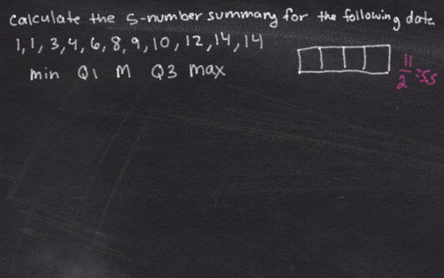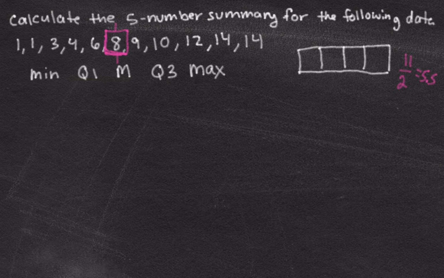So if I just count from one side, 1, 2, 3, 4, 5. 1, 2, 3, 4, 5. So this 8 here in the middle has 5 numbers on each side of it, so that is the median of the data. If I drew a line, it would be like I was cutting my data in half. Now I have 2 sections, and they each have 5 data points in them. Okay, so that's my median, 8.